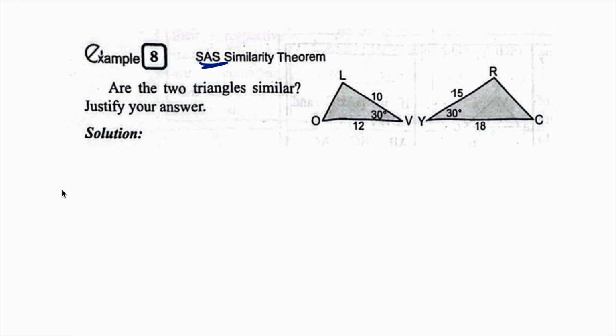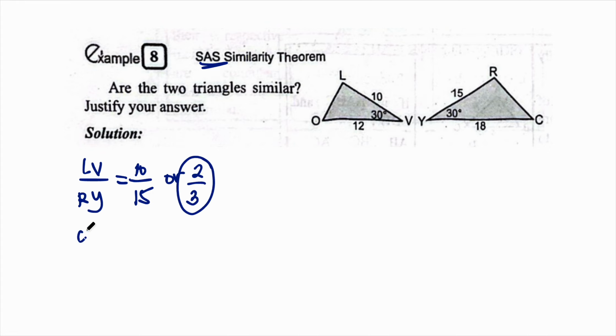Okay? So we all know that LV is proportional to RY. Again, this LV is proportional to RY. So that is equal to, we have 10, which is LV, and then RY would be 15, and that is equal to the lowest term, 2 thirds.